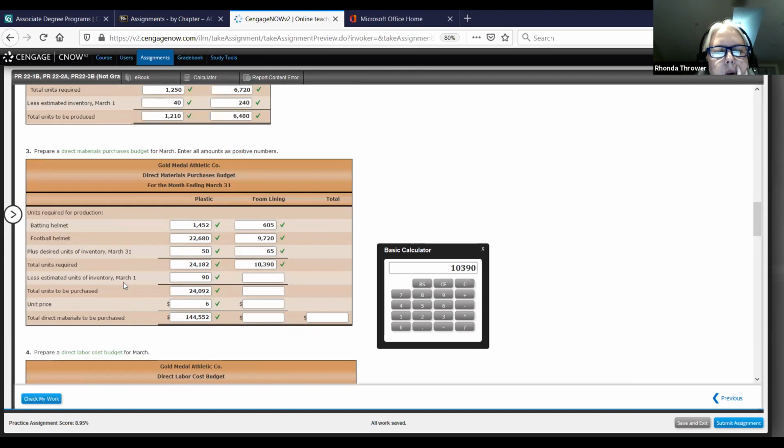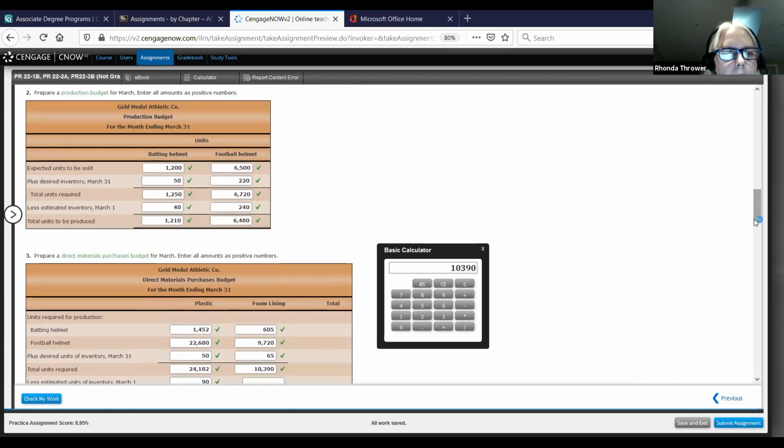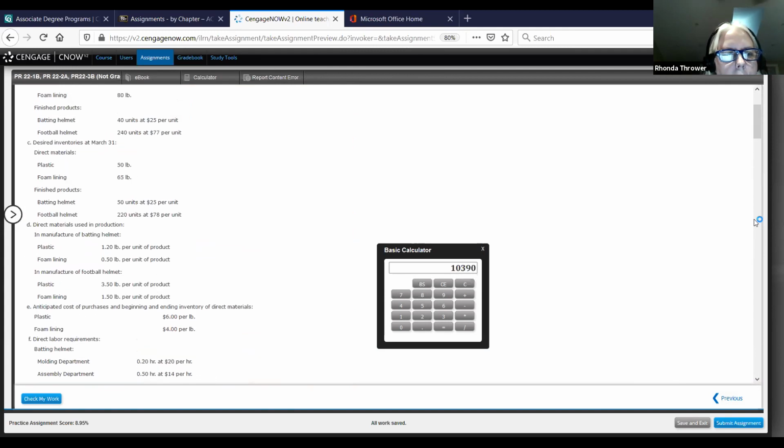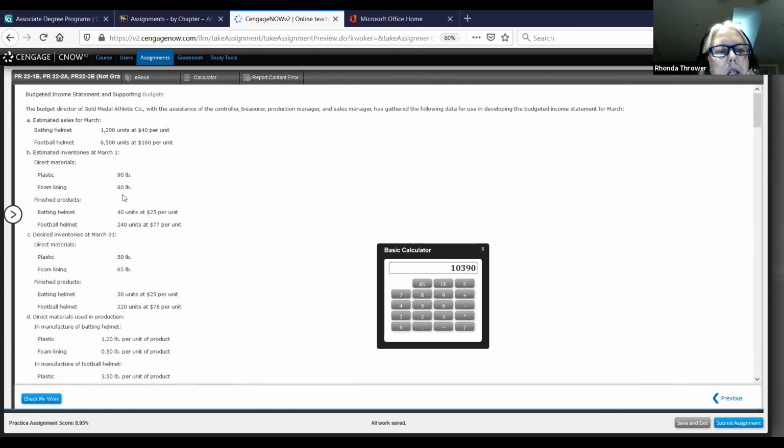Now we're going to look for our beginning inventory units that we're going to subtract out from this of the foam lining. So our beginning inventory units of the foam lining was 80 pounds.